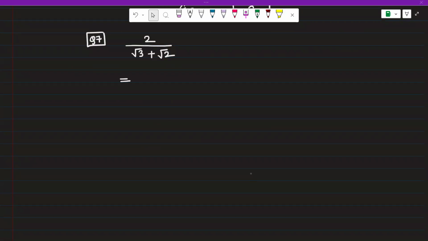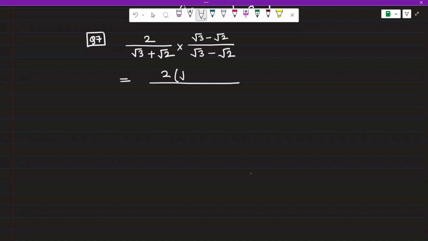To solve this, we multiply the conjugate, both numerator and denominator, by root 3 minus root 2 divided by root 3 minus root 2. So 2 parentheses root 3 minus root 2 divided by, using the difference formula, root 3 square minus root 2 square.